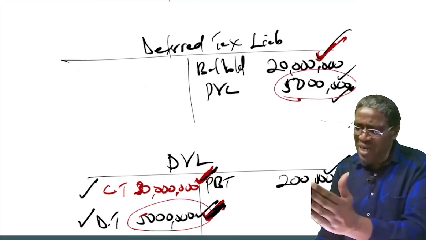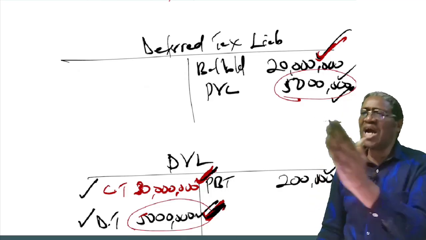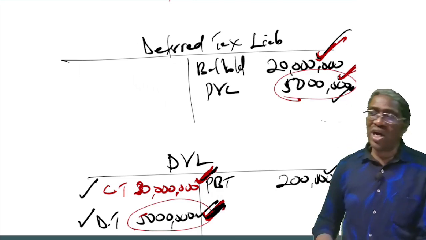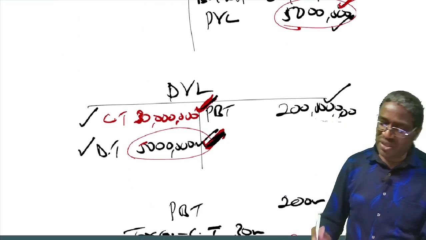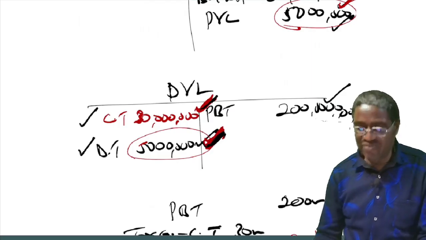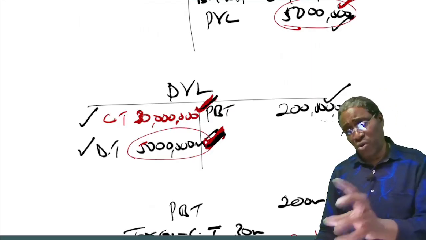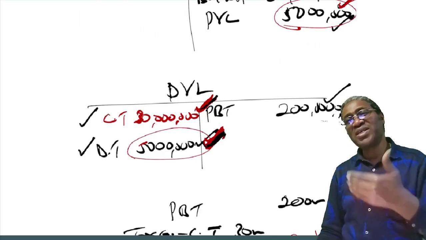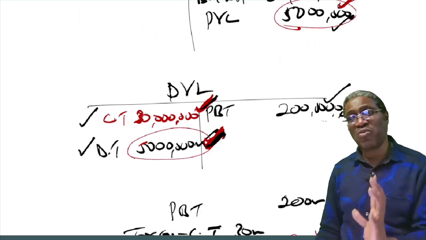Because it's already a credit balance. If I'm increasing it, I must go and credit again. So I go and credit by 5 million, and automatically it means I'm debiting P&L account by 5 million. Of course, you are debiting P&L account by 5 when there is another debit of 30 in the name of corporation tax.